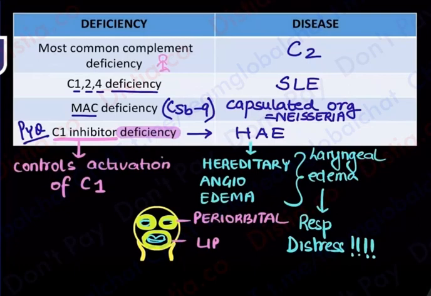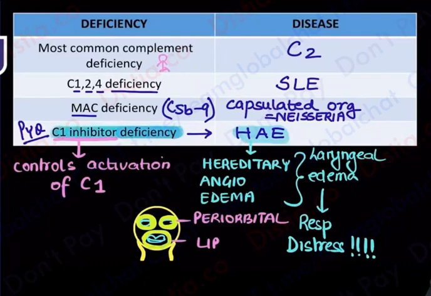Run to the hospital. So remember, if the edema is around the eyes and lips, it is still understandable, but if it occurs in the larynx or the respiratory tract, big time medical emergency. That is what has come in the question a lot of times. So remember, hereditary angioedema is because when the controller is lost, C1 inhibitor is deficient.